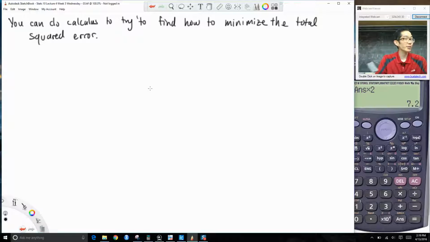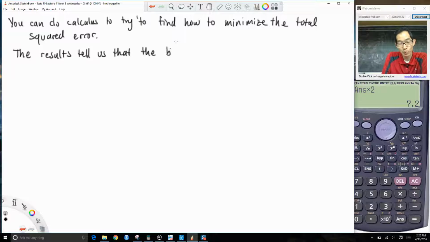As far as this intro stats class goes, we just say somebody else did the calculus, and here are the results. The results tell us that the best fit line will have the following slope and intercept.